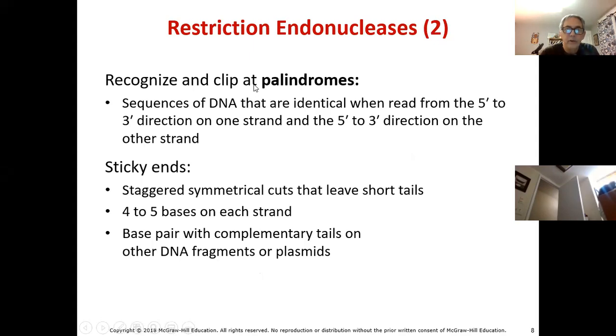A palindrome is a sequence that's the same but reads in the opposite direction on one strand versus the other. When the DNA is cut, it leaves sticky ends, 4 to 5 base pairs on each strand. Base pairs can be complementary on the DNA fragments or plasmids.